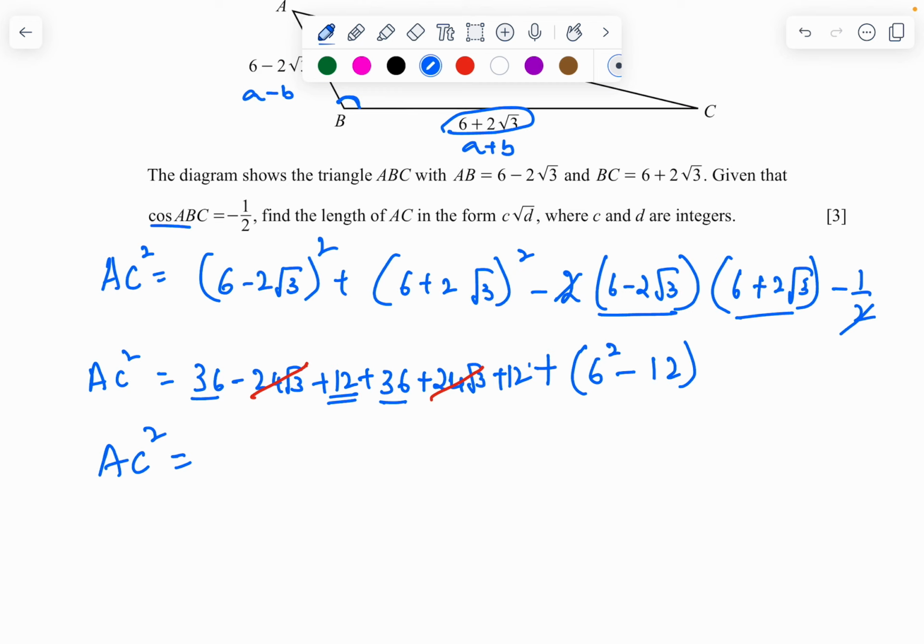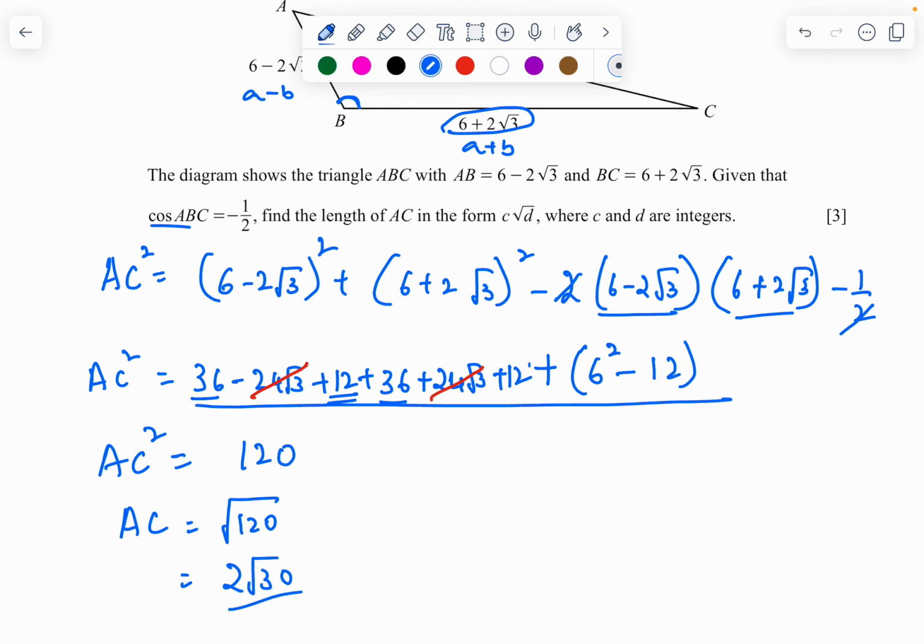So which is 96, and we also have 36 minus 12. So 96 plus 36 minus 12, which is 120. When you simplify all this, you will get 120. So AC is going to be square root of 120, which is 2 square root 30.